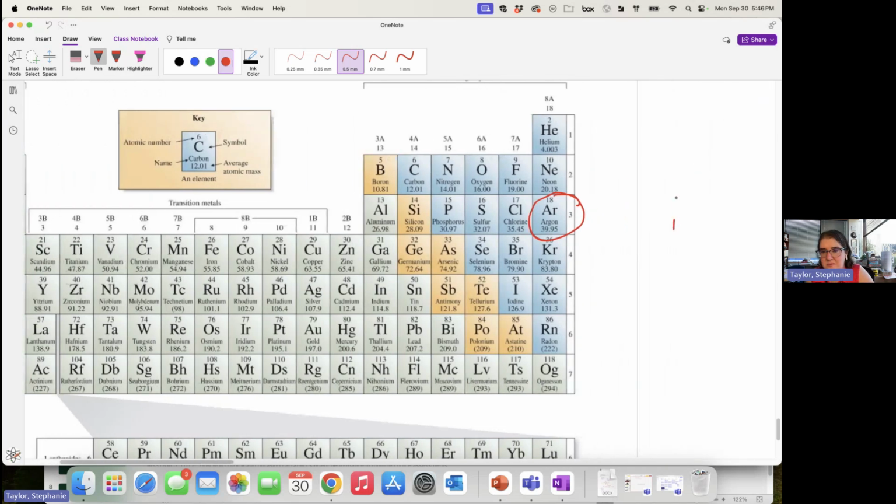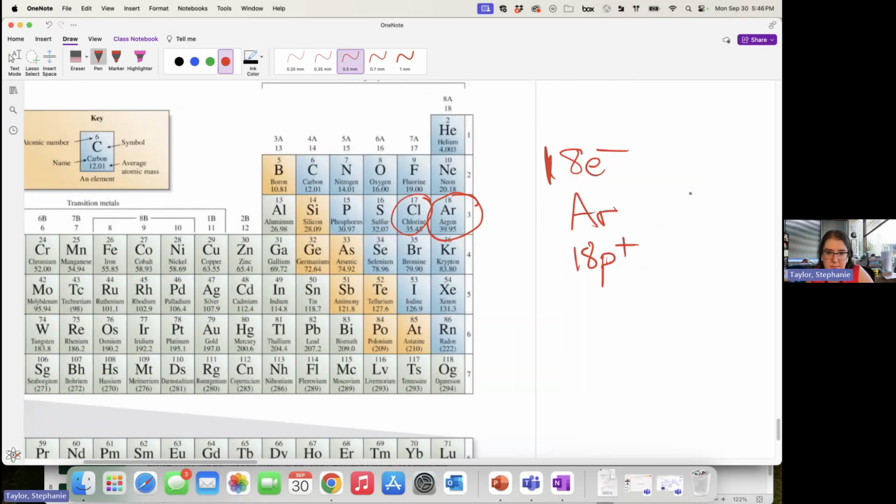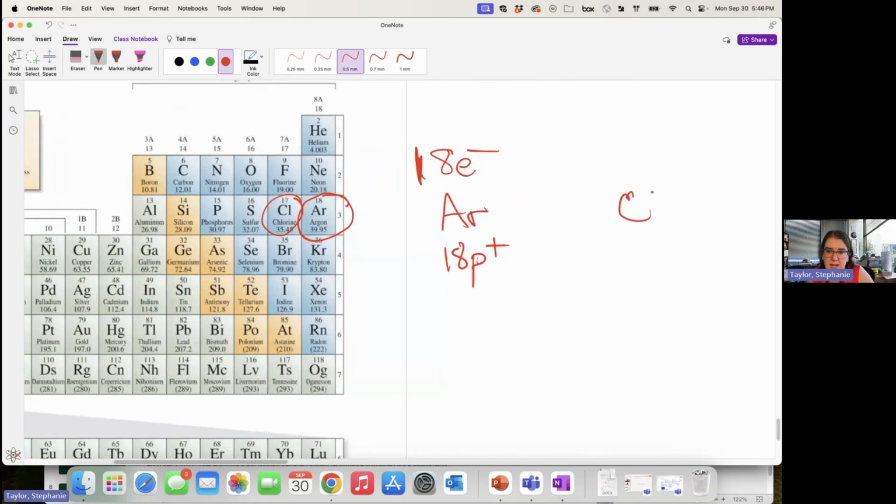Argon, when it's neutral, has 18 electrons. It also has 18 protons. Next to it, chlorine. If this is the chloride anion, because it wants to look like argon, it would also have 18 electrons, but it would only have 17 protons.